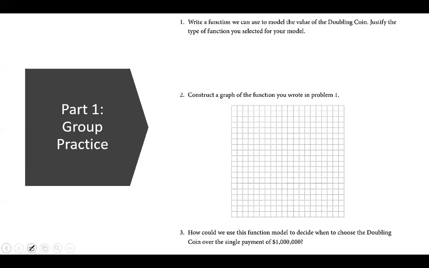All right. Group 1, what was my equation? Exactly. Y equals 1 times 2 to the x. That's because it's simply just doubling. I could construct the graph from the table, from our values that we already had, right?